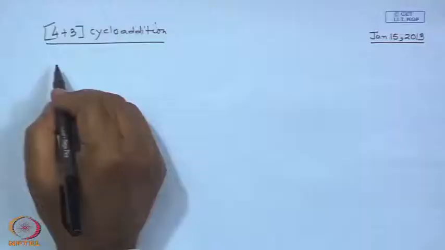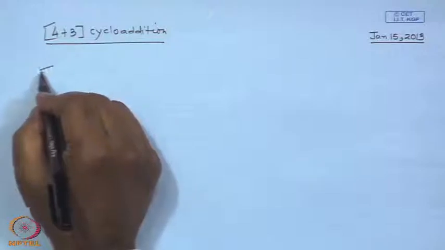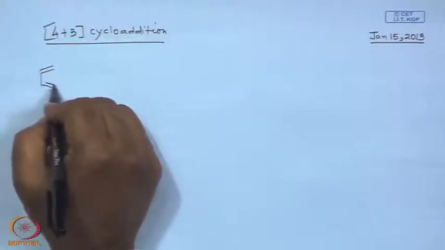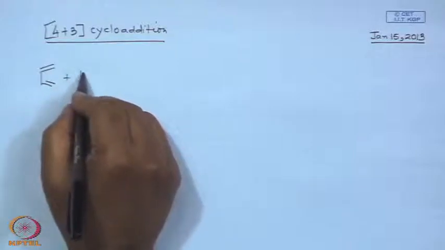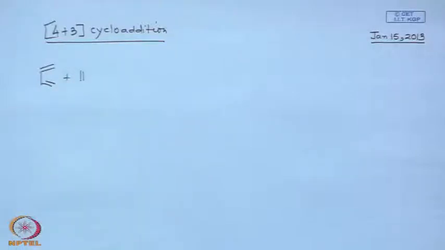If you recall, all these numbers refer to the number of atoms forming the ring. So basically they are the numbers of atoms of each reacting component, and to compare with what we will be talking about today, let us say this is the standard protocol for Diels-Alder reactions or 4 plus 2 cycloaddition reactions.